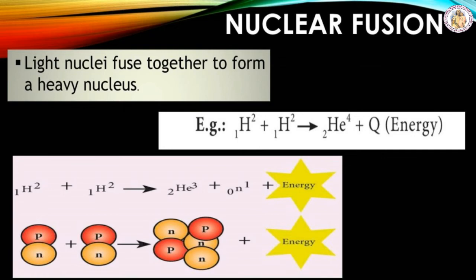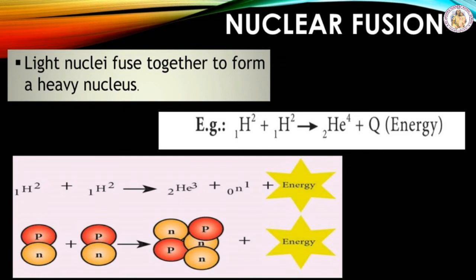At the same time, energy is released. In this fusion process also, energy is released. The average energy is equal to 3.84 × 10^-12 joule. Let's see the figure.